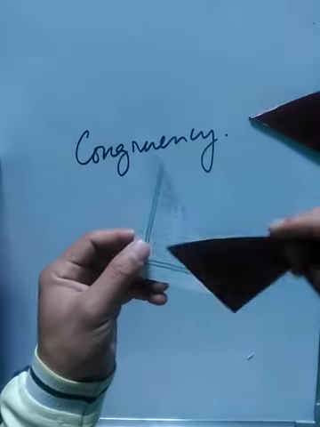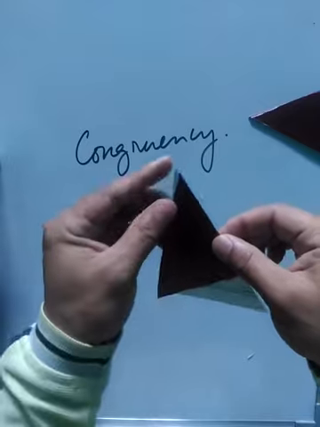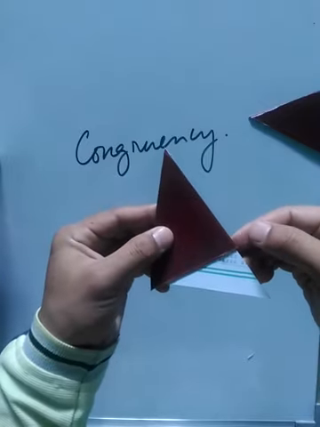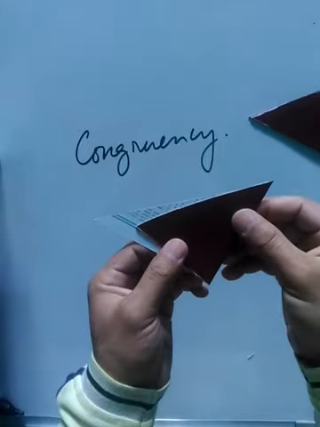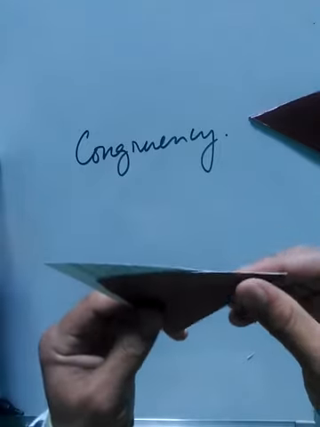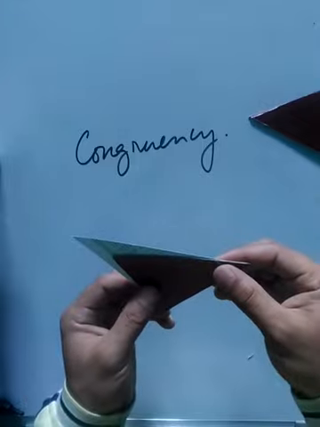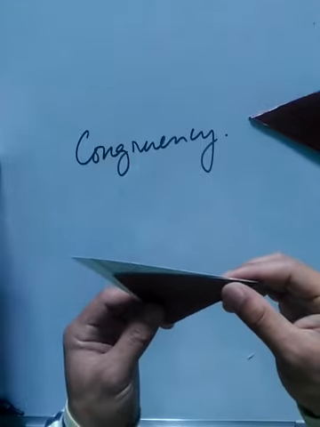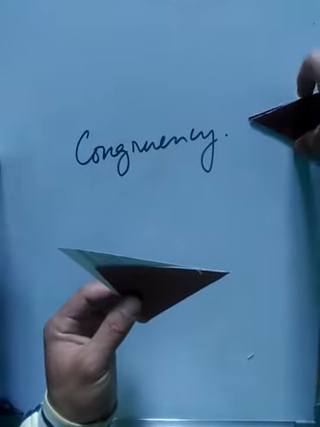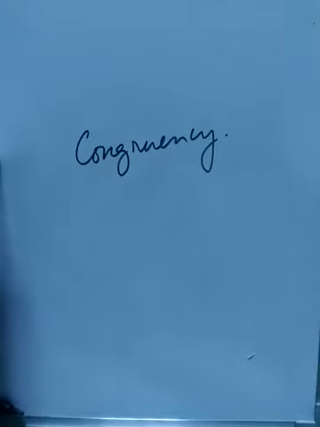Let me keep them this way again. This also, they do not overlap perfectly. Even in this way, they do not overlap properly. It means that these two triangles are not congruent. I hope you're clear with the concept of congruent. Okay, fine. Then we will be moving to the next part.